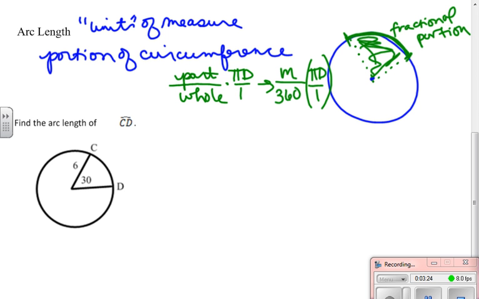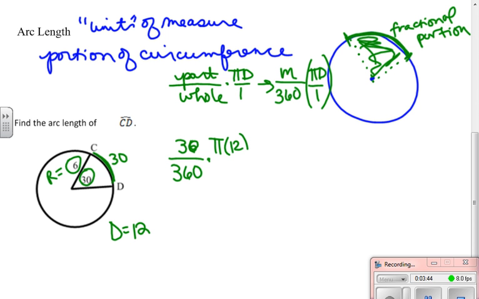So in this example, find the arc length of CD. The portion is 30 over 360 times my radius is 6, so my diameter is 12. My circumference is pi times 12. If we're multiplying fractions, we put them over 1.